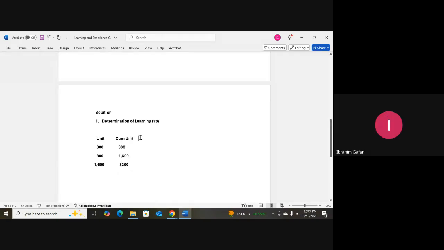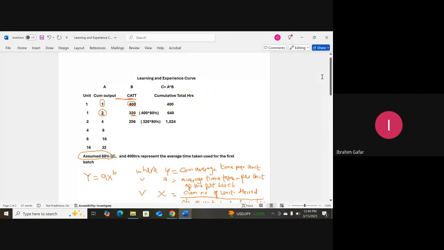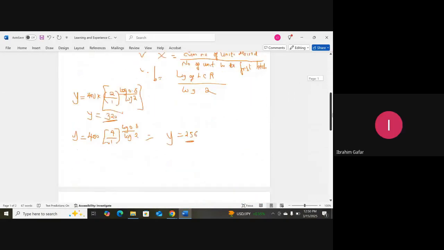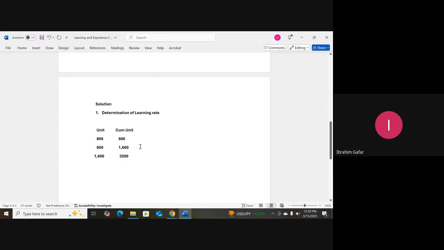Then after that, I will put, if you remember, CAT, which is cumulative average time taken, right? Yes, sir. Cumulative average time taken, which is CAT.